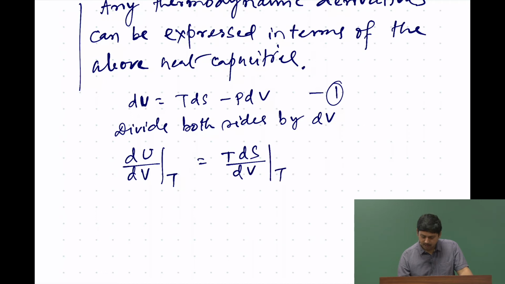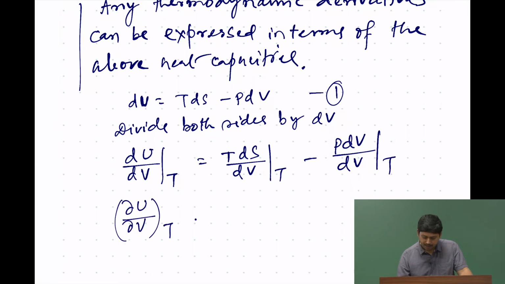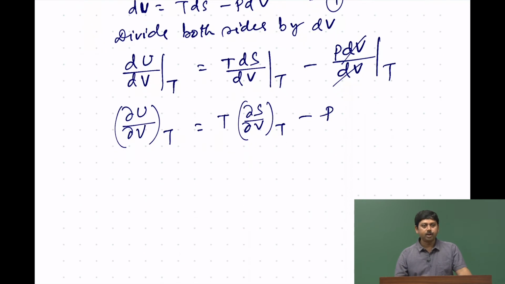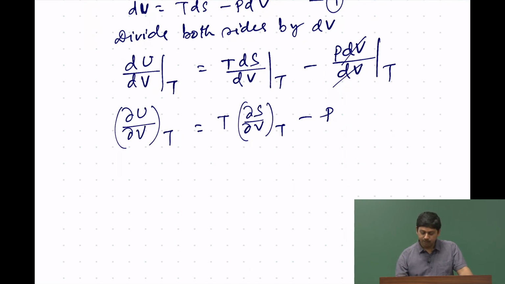That gives del U by del V at constant T equals T del S by del V at constant T minus P dV by dV, which cancels, and I get P. That is how you take derivatives of these differentials.